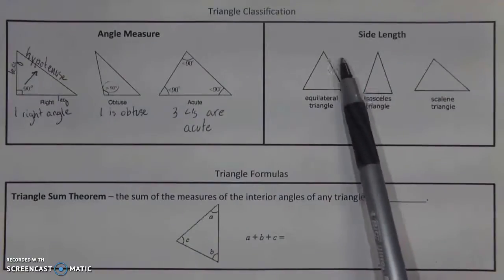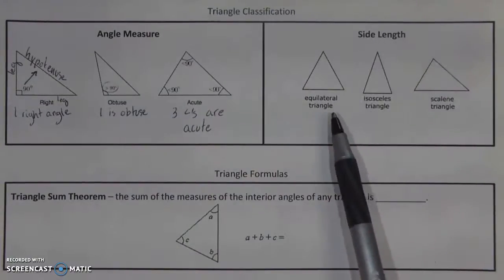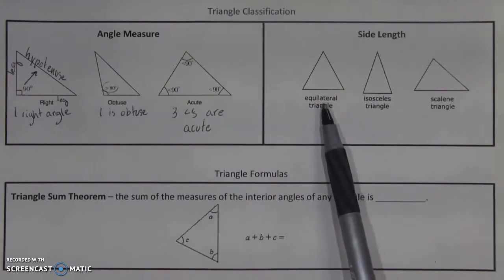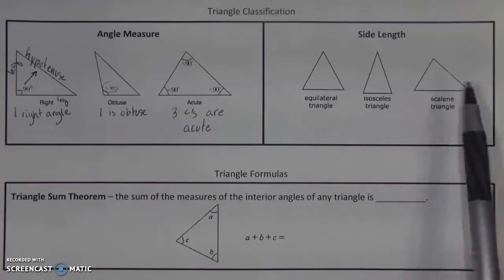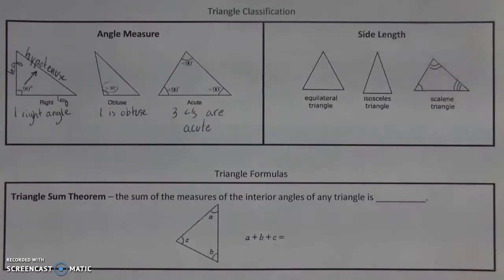When we're looking at the other classification, we are looking at the side lengths. And they might tell you here that a triangle is equilateral, isosceles, or scalene. We're going to start with scalene because that's the broadest. In a scalene triangle, none of the angles are congruent. So none of these have an equal measure.